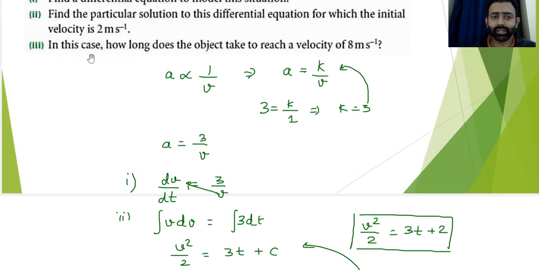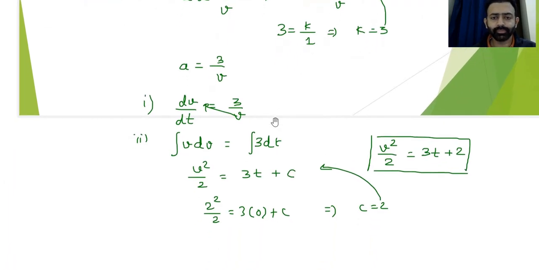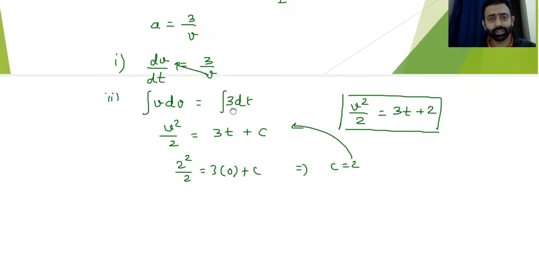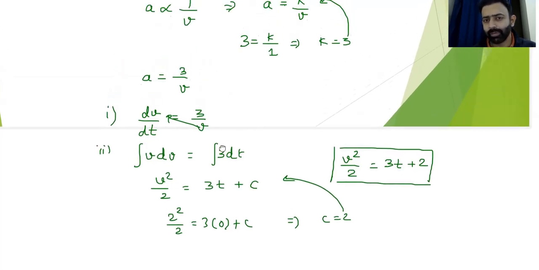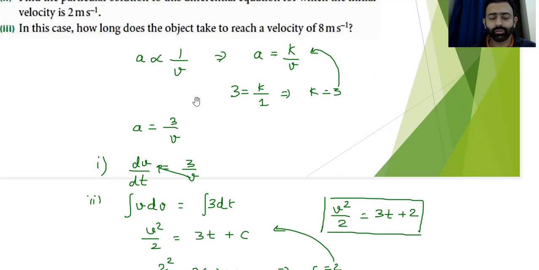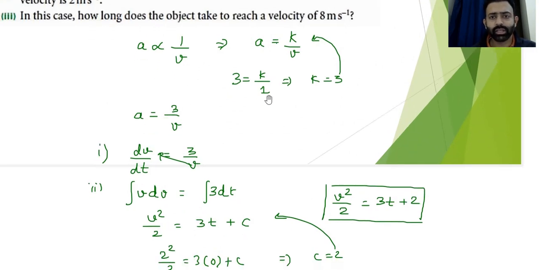Now the third part says, how long does the object take to reach a velocity of 8 meter per second? Since I now have the relation between velocity and time, this time it is not the velocity but the time we have to find out. Velocity is 8.